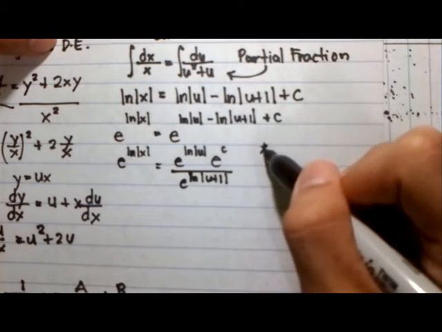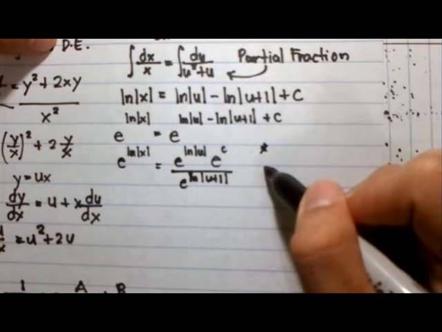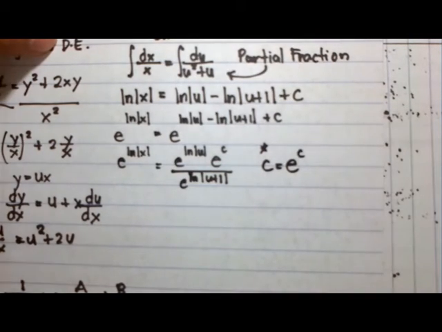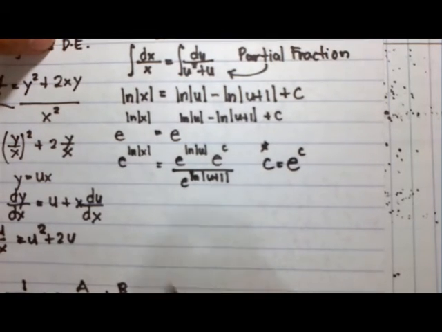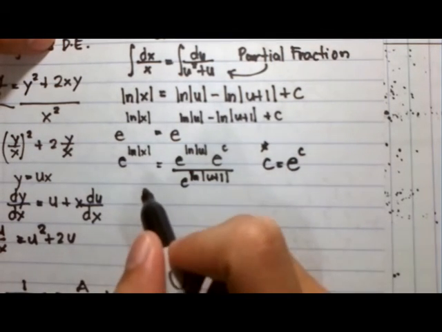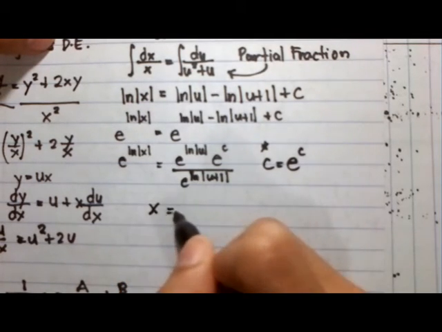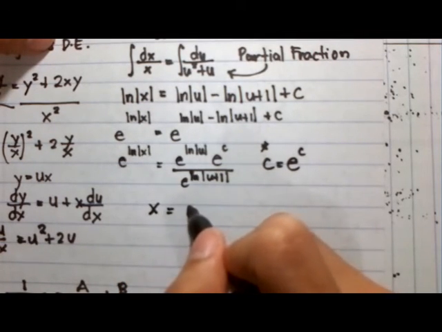And e to the c can be written as c because it is also an arbitrary constant. After we extract the x and the u's, we now have x equal to cu over u plus 1.